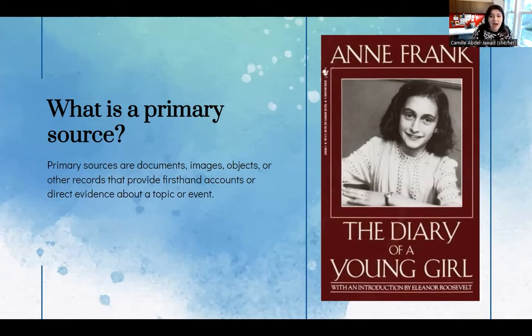Later, after this historical event, her diary was found and then published. This is one of the most famous primary sources out there. Other primary sources may include a speech, or any kind of letter that was written. Any kind of material, object, or document that reflects that historical event is a primary source.